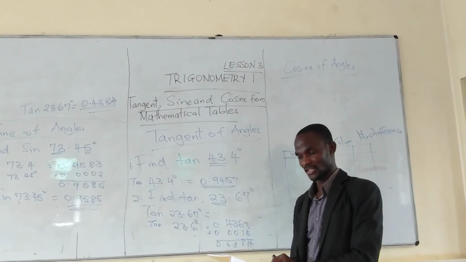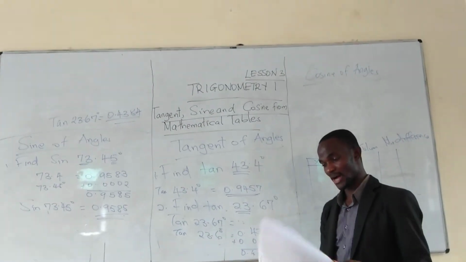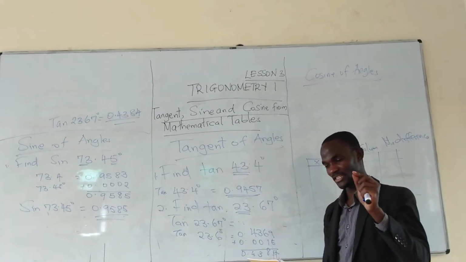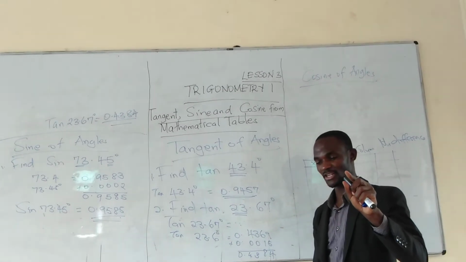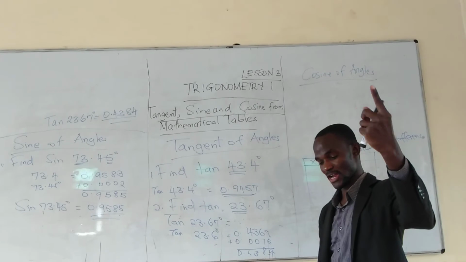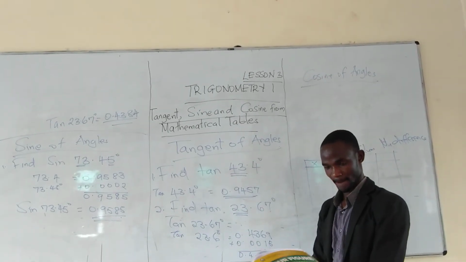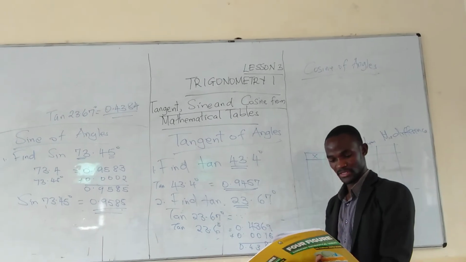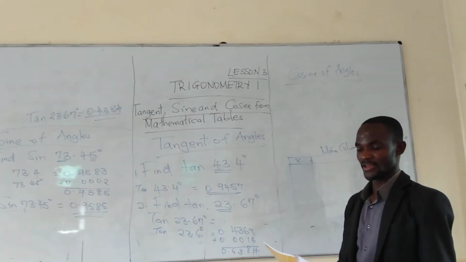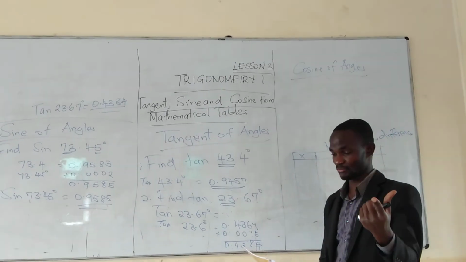If you check your table, it's increasing from 0 to 1. Whereas the natural cosine is decreasing, from 1 down to 0. And that's one main difference why we have the subtraction.